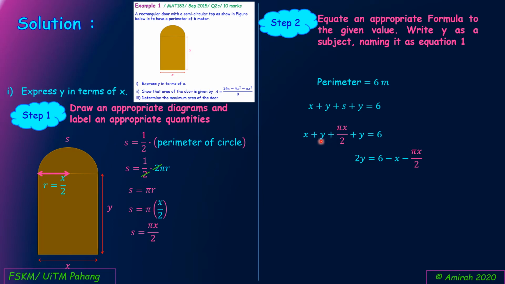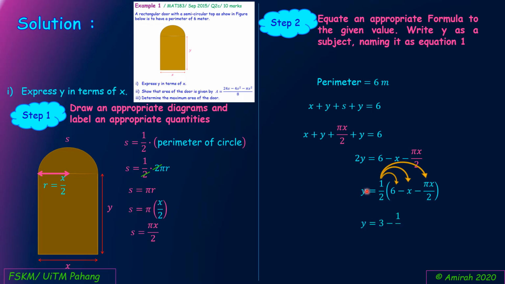We simplify, so we have y plus y, which gives 2y, and we move x and pi x over 2 to the right hand side. Then we can write y equals half times 6 minus x minus pi x over 2.